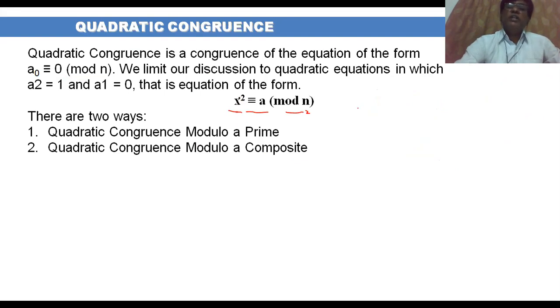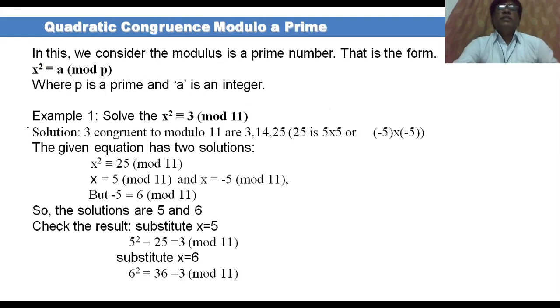There are two kinds: quadratic congruence modulo prime and quadratic congruence modulo composite. That means n is either a prime or a composite. The first one is quadratic congruence modulo prime, where p is the prime.